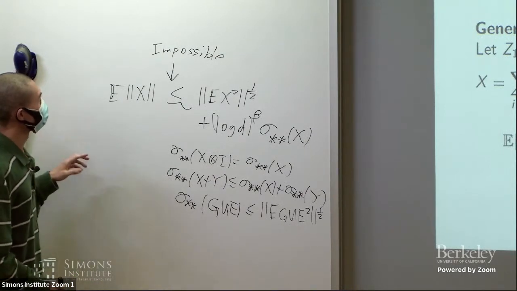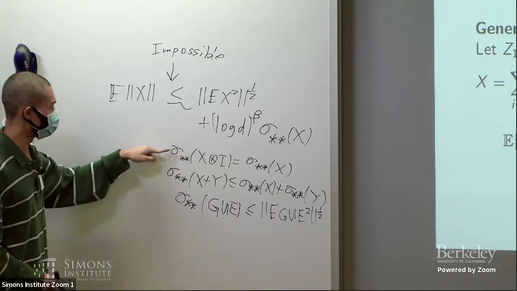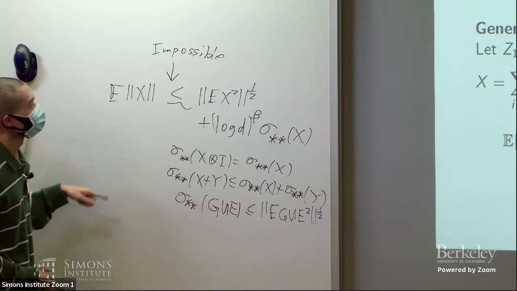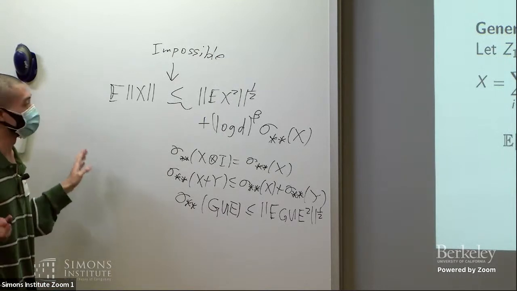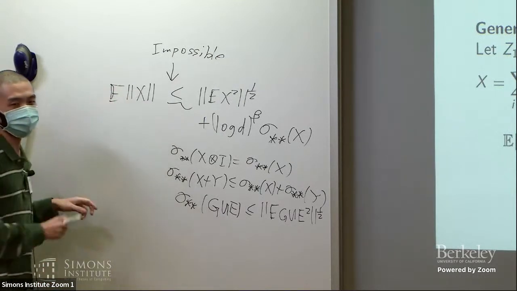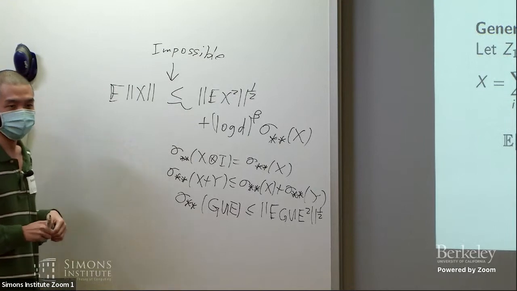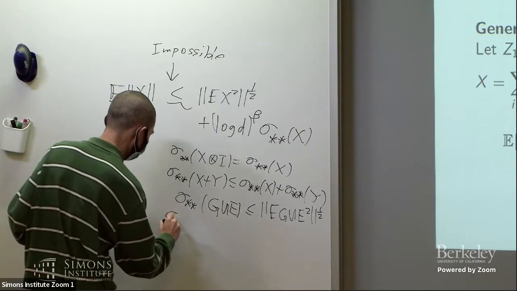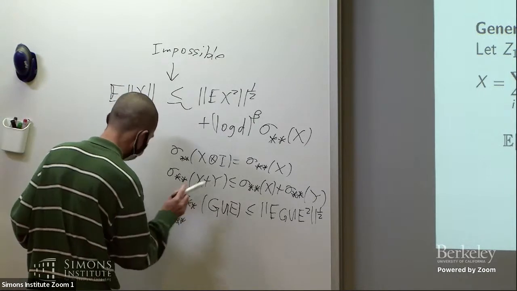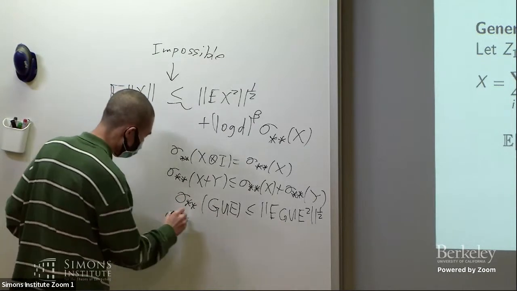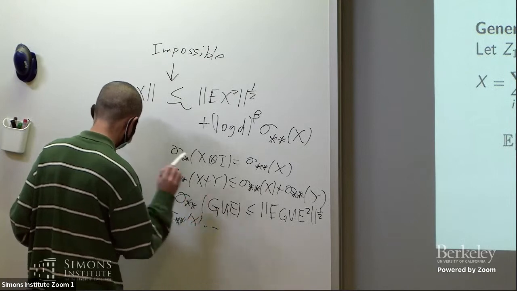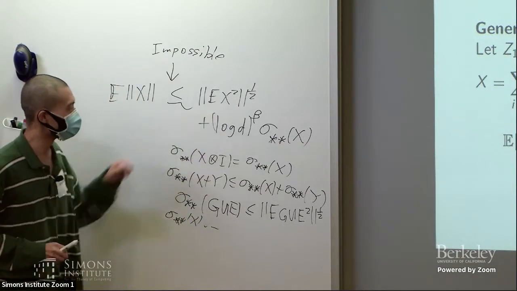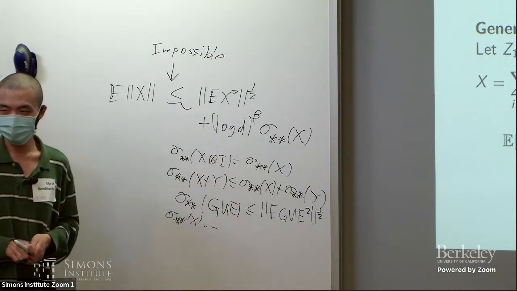Yeah, whenever you have such a quantity, sigma star, satisfying these properties, we can always construct a random matrix that will break this one. For some beta or for any beta? Yeah, any beta. There's one more condition I forgot. There are four reasonable conditions. Yes, for any beta. Thanks.